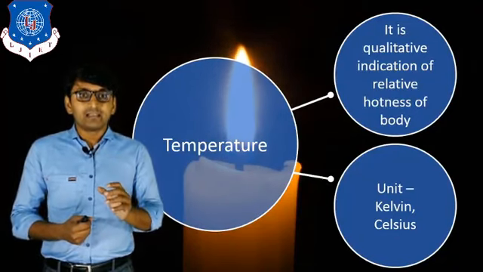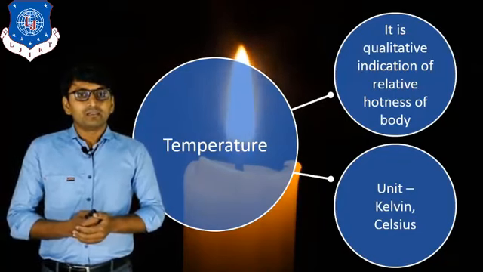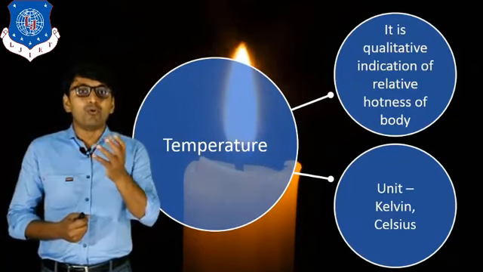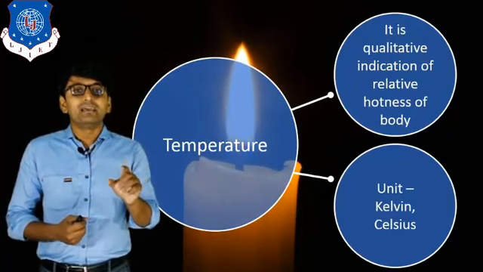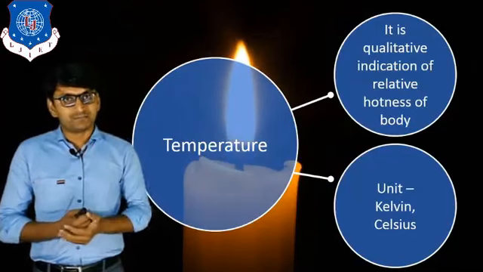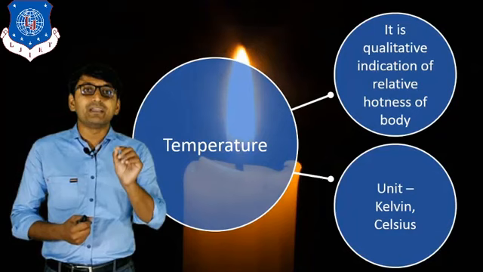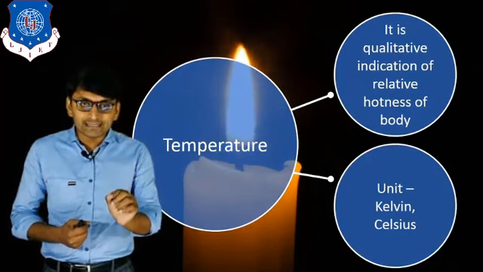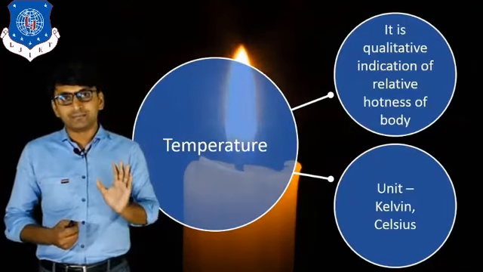It means if there is any body, whether the body is hot or cold, this relative parameter is measured by temperature. So temperature is the qualitative indication of hotness or coldness of any body.